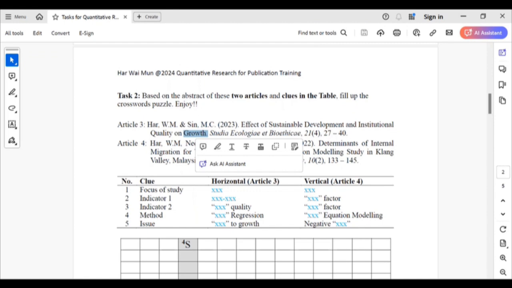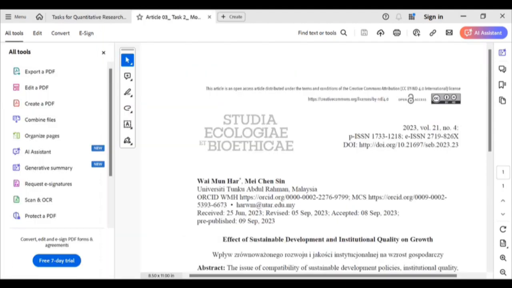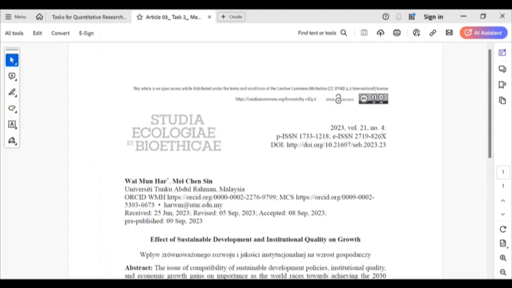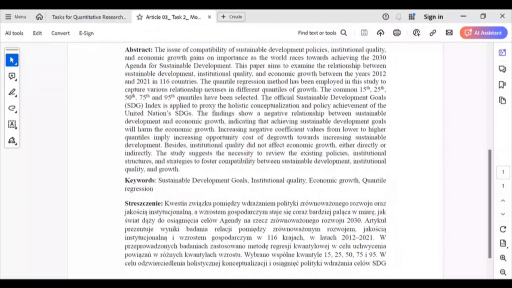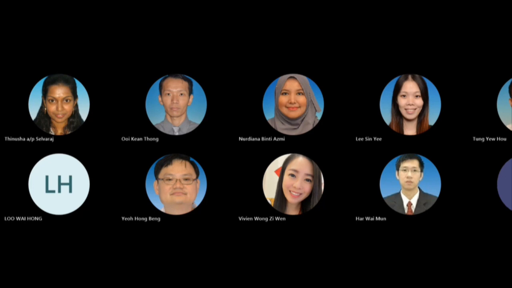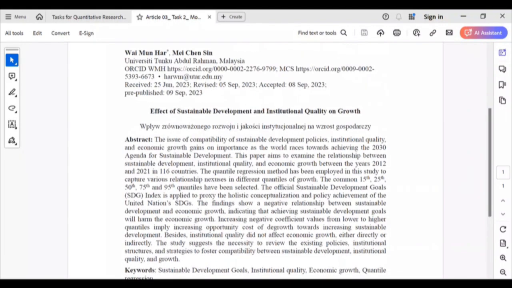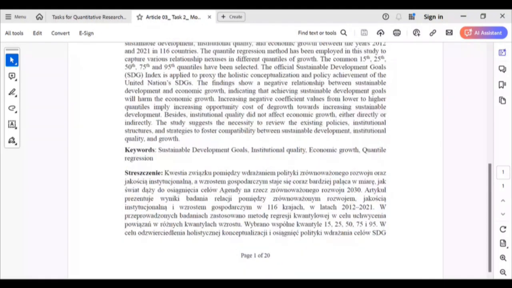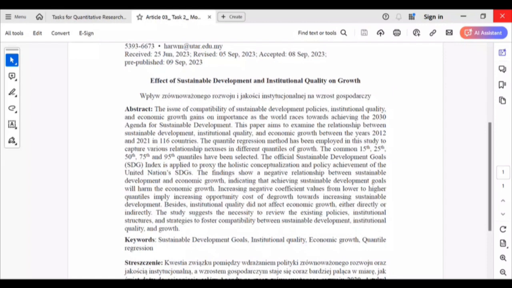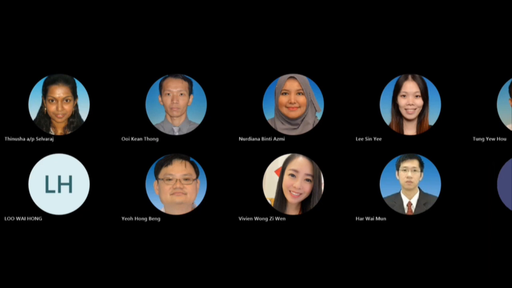Wait, this one is article 3. Okay. Maybe I show you the article so that you can see? Can you see the article? How come this one is only one page? Oh, I think I'm going to send you another new one.